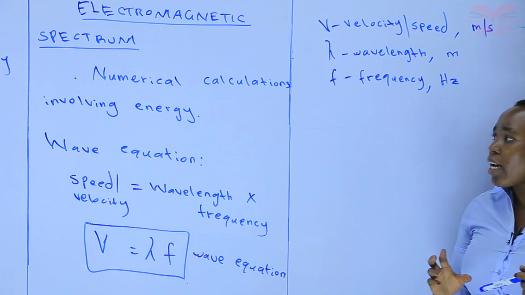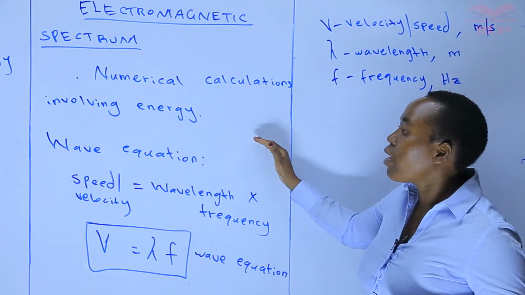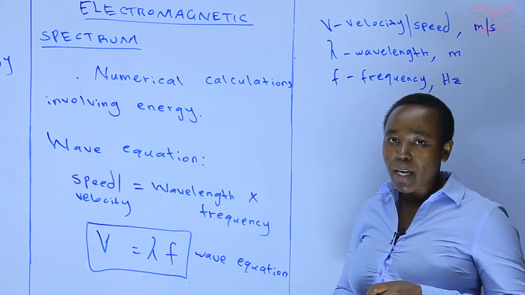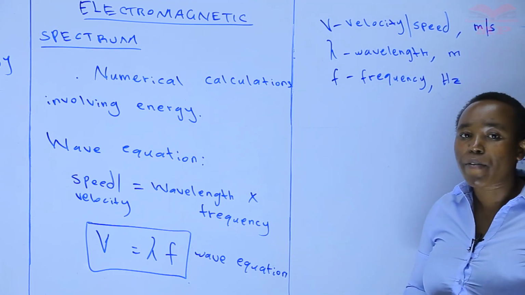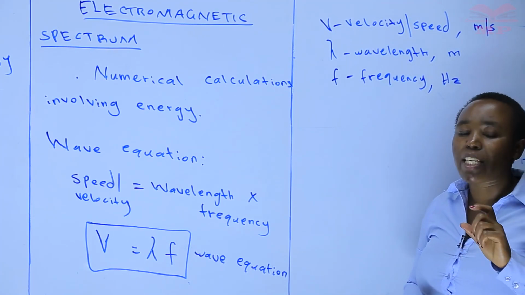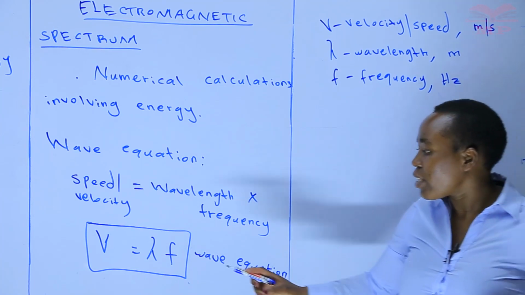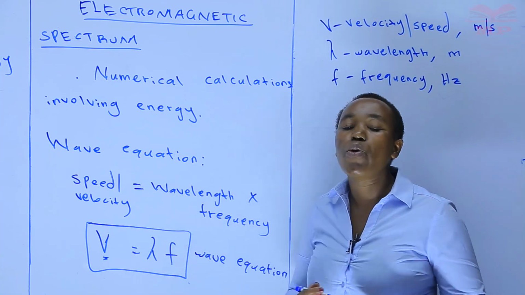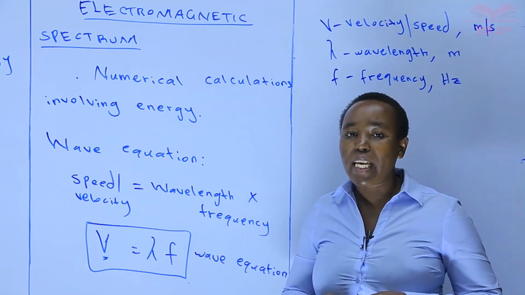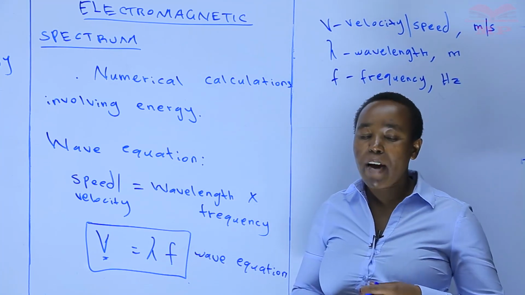As we'll be talking about electromagnetic waves, one of their properties is that they travel with the speed of light. So instead of V, we'll use C. Letter C represents the speed of light in a vacuum.